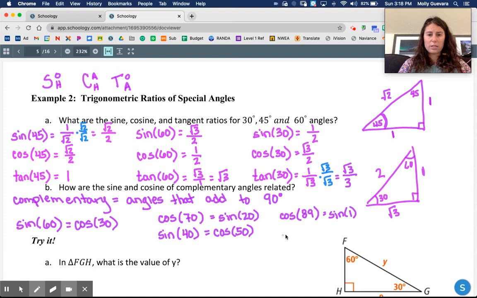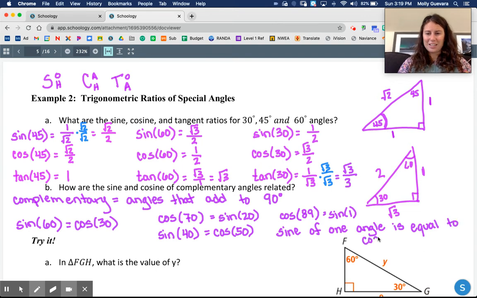So they are the same, meaning sine of 1 angle is equal, hopefully you guys are writing smaller than I am, to cosine of the other.